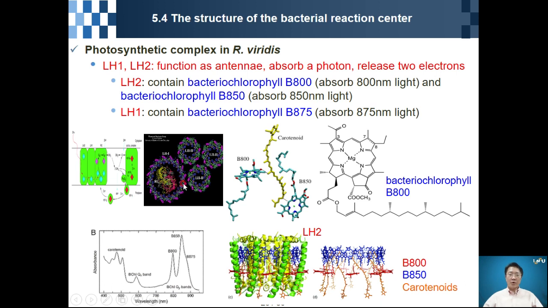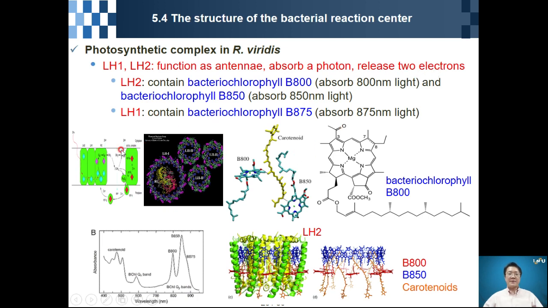So before we go further, in this slide we will briefly learn about LH1 and LH2. LH2 and LH1 function as antennas. So LH2 and LH1 absorb a photon, the light, and after they absorb the photon, they release 2 electrons.